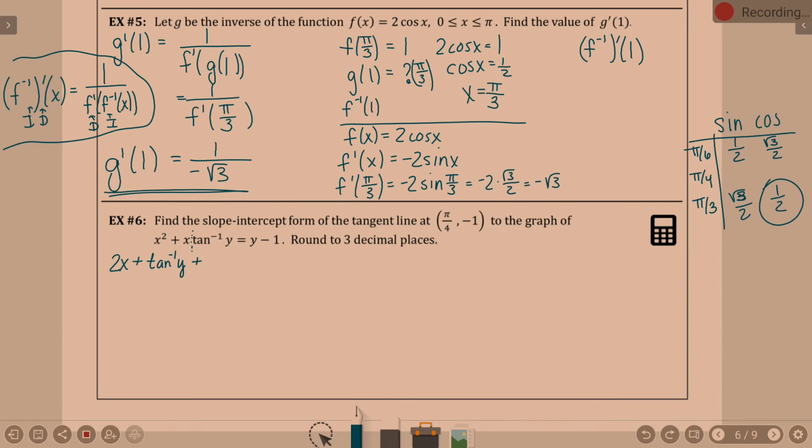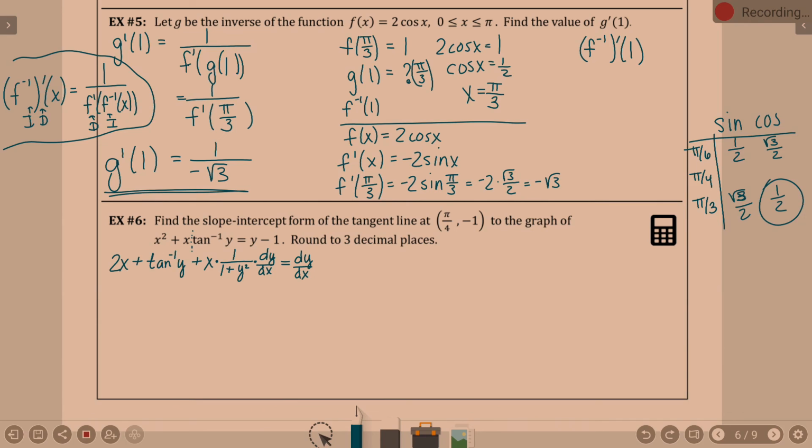Derivative of tangent inverse y, 1 over 1 plus u squared, which is y squared, and then dy dx, times the derivative of y, which is dy dx, equals dy dx. Or derivative of y is dy dx minus the derivative of 1, 0.